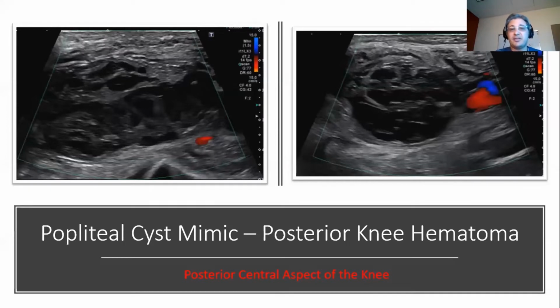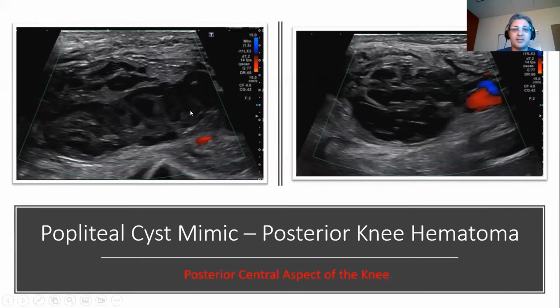And here is a nice example that I had just from last week, where this was initially called a Baker's cyst, but the sonographic images that I was provided to interpret didn't demonstrate well the communication into the region of the semimembranosus gastrocnemius bursa.